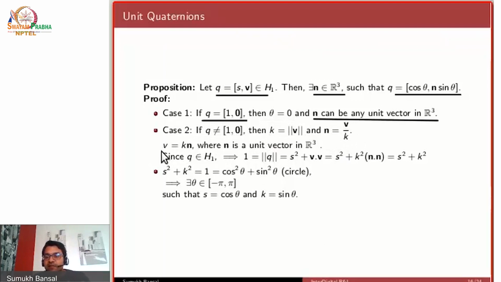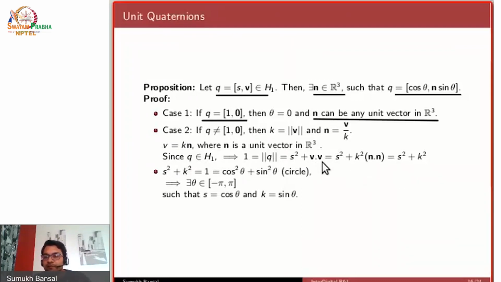So we can represent v as k times n, and it's easy to verify that n is a unit vector. Now, since Q is a unit quaternion, the norm of this quaternion is equal to 1. And if you substitute the value of the norm from the basic definition, we end up with 1 equal to s squared plus v dot v. We have squared the equation because it is not going to impact both the sides.